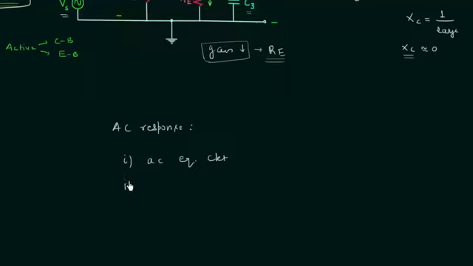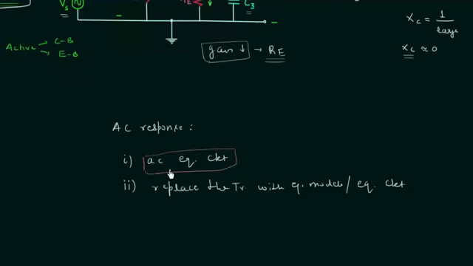And once we have the AC equivalent circuit, we need to replace the transistor with its equivalent model, or we can say equivalent circuit. In the next lecture, I will explain how to obtain the AC equivalent circuit, and after this we will see different equivalent models or equivalent circuits for the transistor.